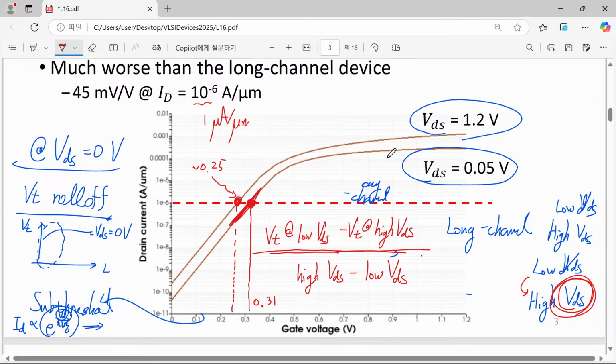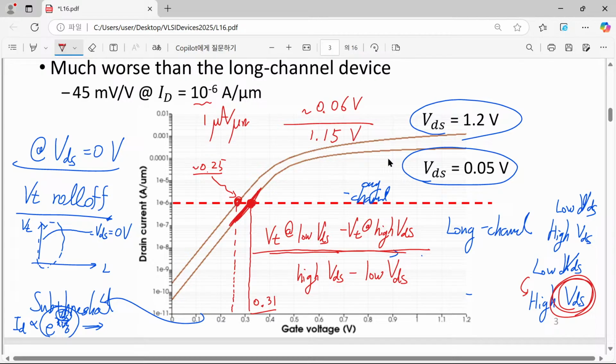for example. In this case, if we calculate the difference, roughly speaking, it means a 0.06 volt difference occurred by changing our drain voltage, but the change of drain voltage was 1.15 volt.